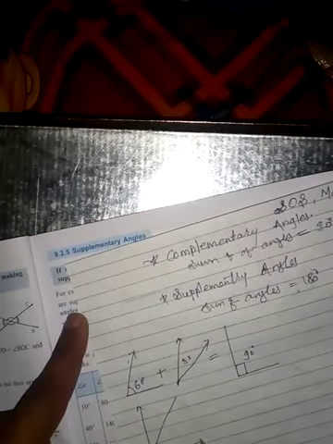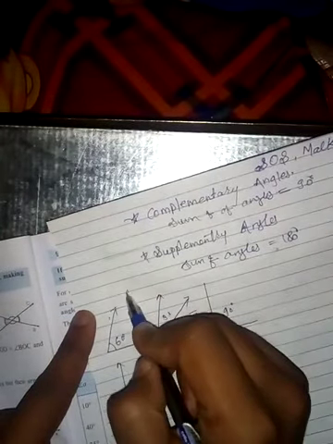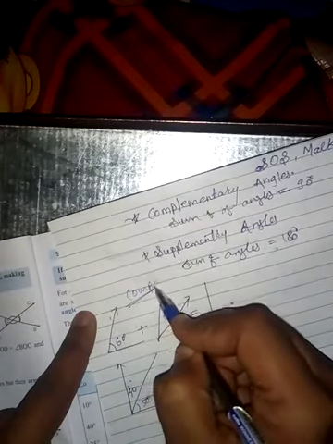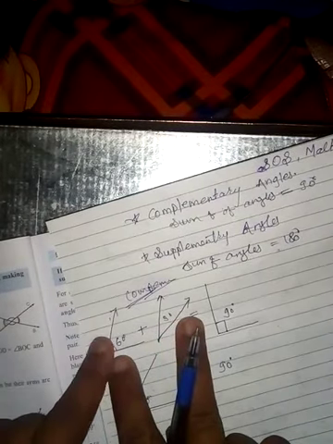Complementary, it becomes 90 degrees. Understand? For example, this angle is 40 degrees and this is 50 degrees. The sum of these two angles is also 90 degrees. So this is the concept of complementary angles. They may be separate also. It is not necessary that they have a common vertex or anything.